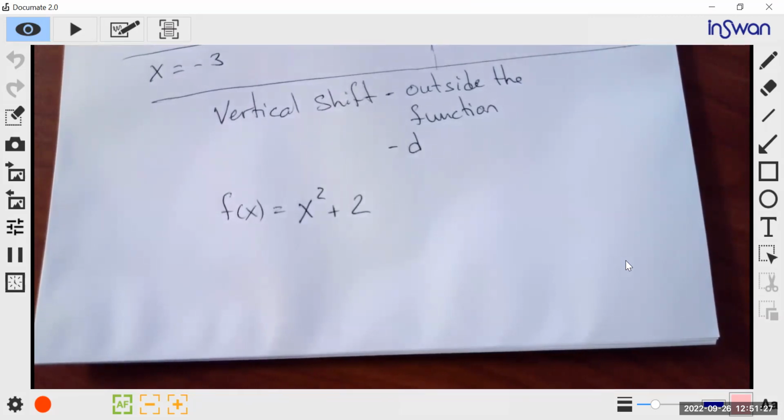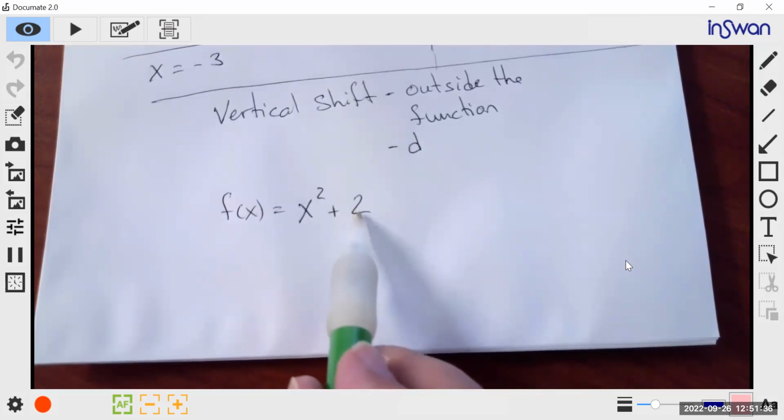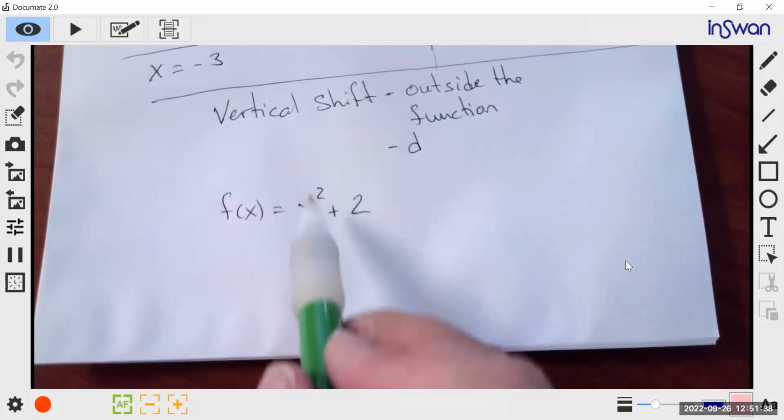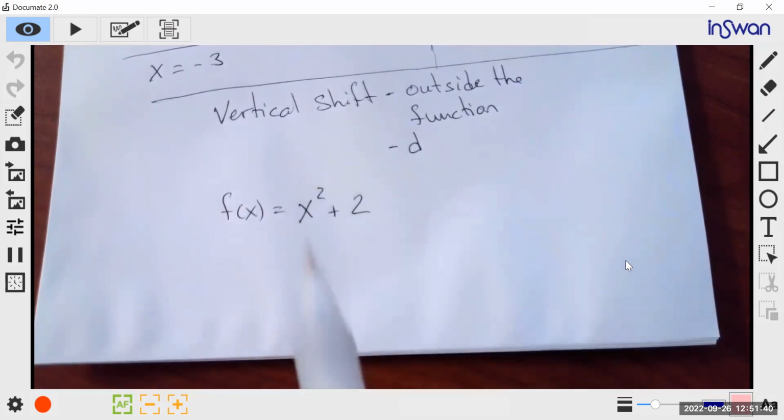So the vertical shift does not affect the x value. It only becomes something after the function has been worked out.